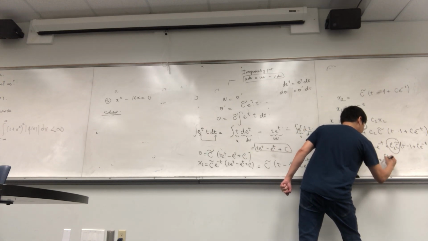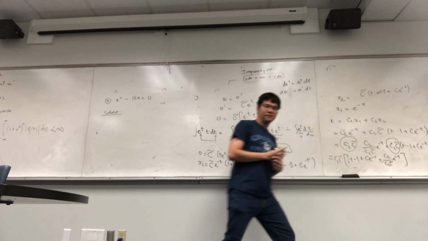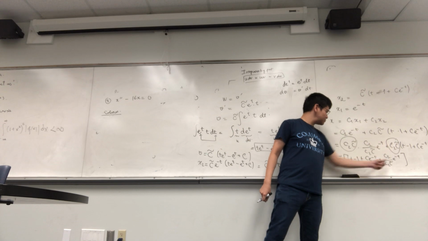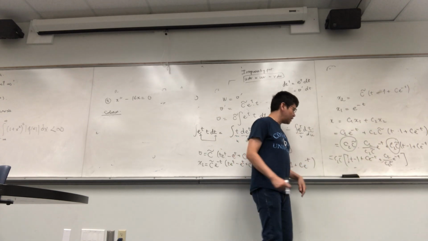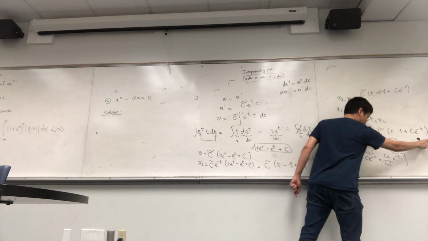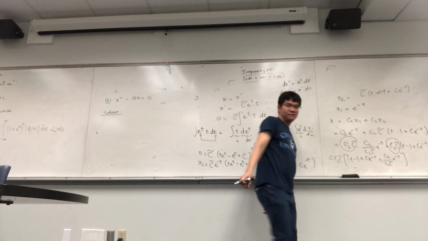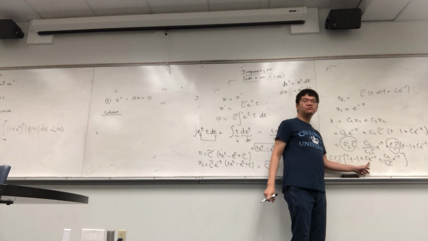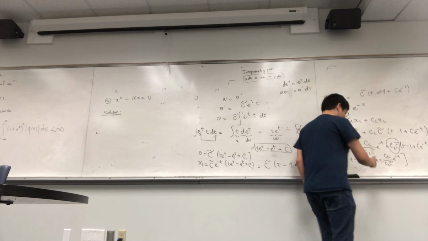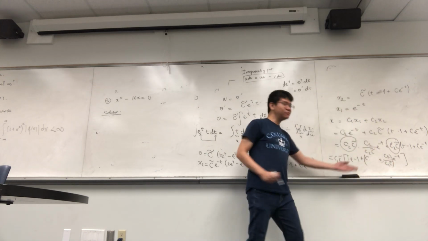Now I group, because here I have e to the power minus t twice, so I can group this into one constant. I don't care about a constant.